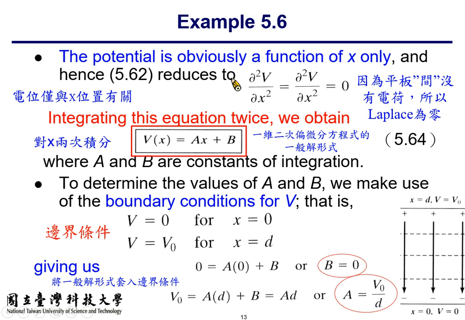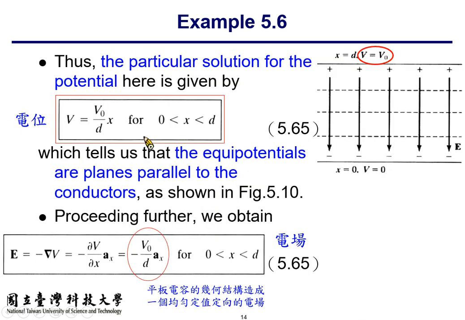We have two conditions, the top plate and the bottom plate, so we are able to solve for A and B. In this case, B equals 0 and A equals V sub 0 over d. So V sub 0 over d is the constant for the weighting for this one-dimensional problem.